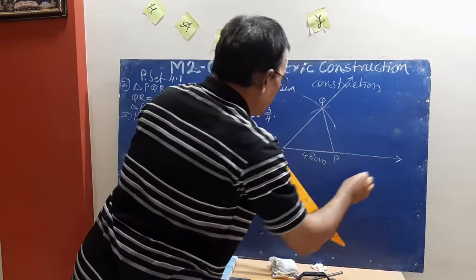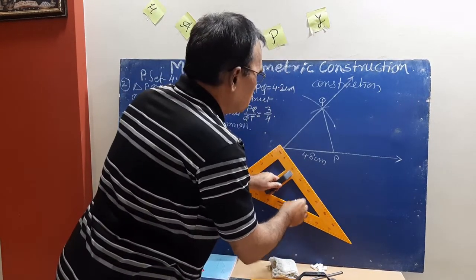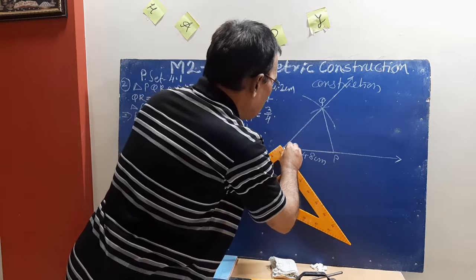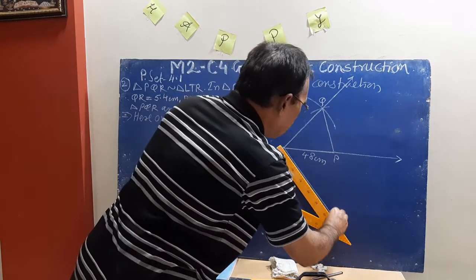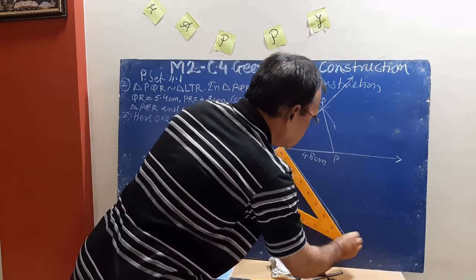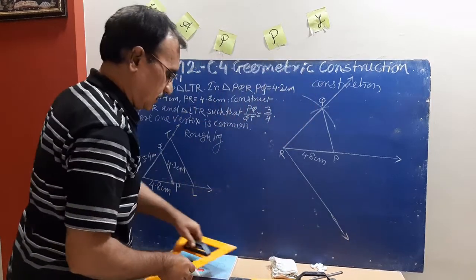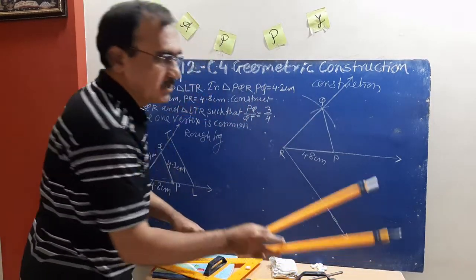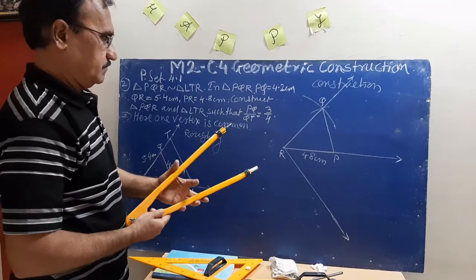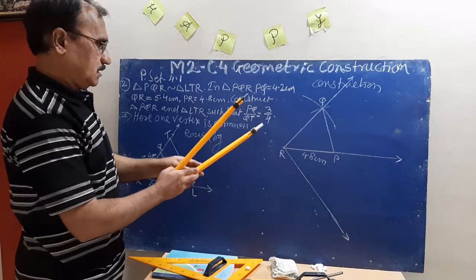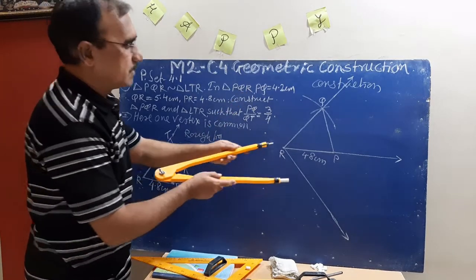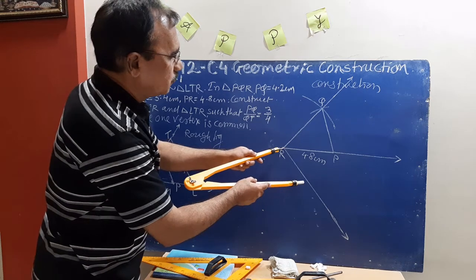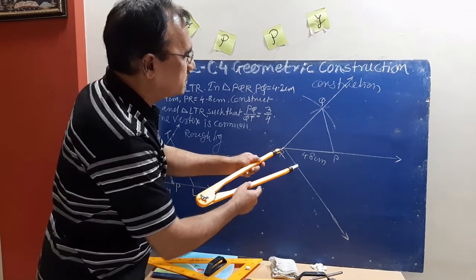Then draw here an approximately acute angle. Then with the help of this compass, here the maximum number is 4. Then we have to divide into 4 equal parts.